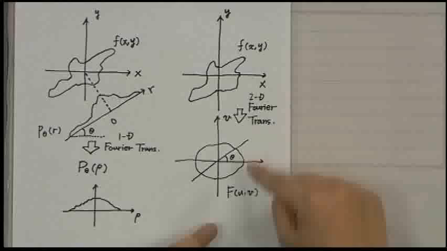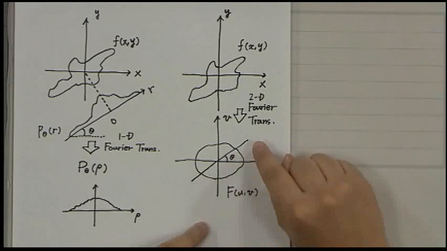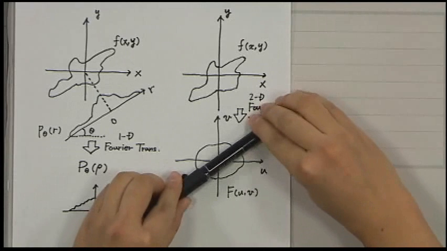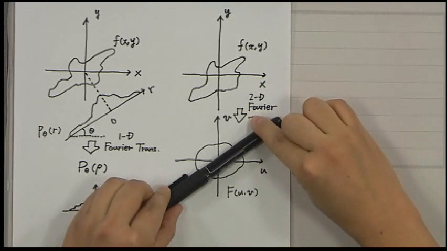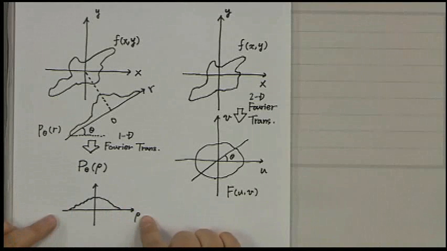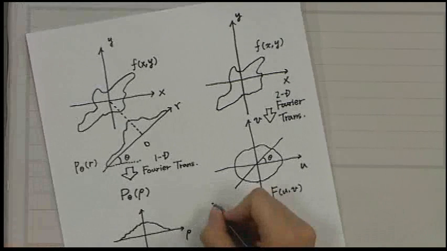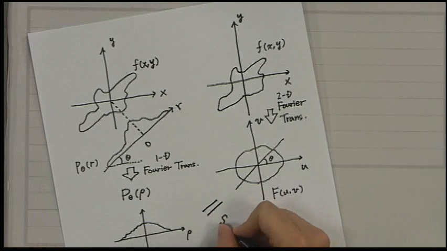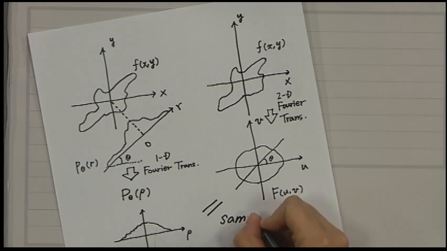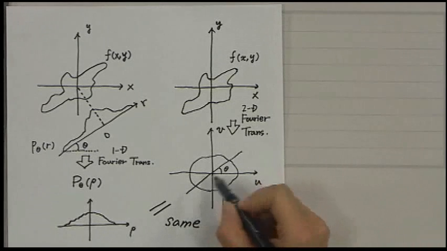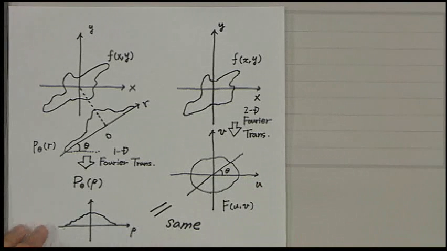So if we get F(u,v) and draw a line with angle theta, the values on this line are exactly the same as the Fourier transform of the projection. This is a little bit mysterious, but it is. These values on this line exactly match these values.